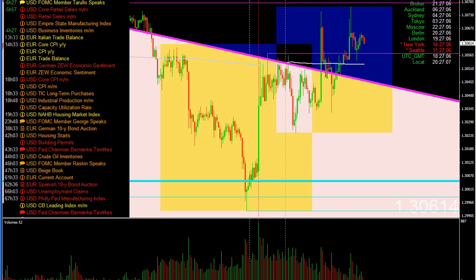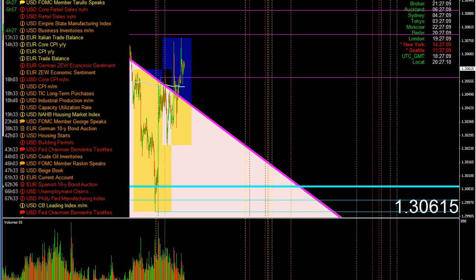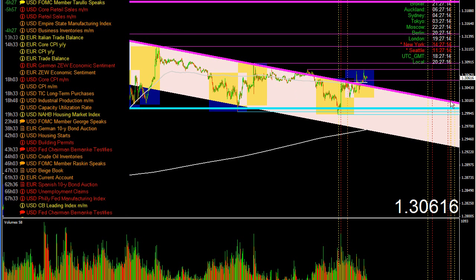Here we see the data tomorrow, and during the European session and US session, we will have a squeeze out even above 130.04.